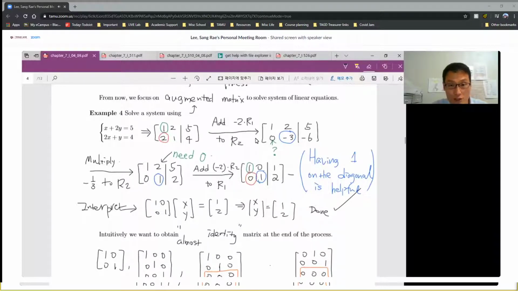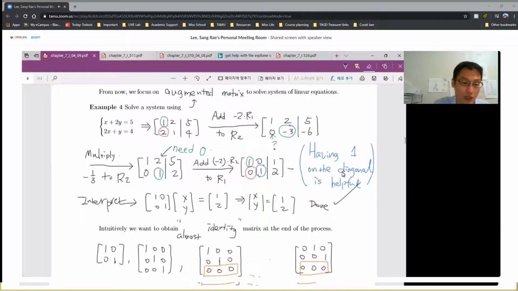And we apply some operations to have 1, 0, 0, 1. Once you have this identity matrix, we can write down the solution right away. So having 1 on the diagonal is very helpful. Once you have 1 on the diagonal, you can use this easiest number to do whatever you want. So having 1 is always useful and helpful, and eventually you want to have the identity matrix.